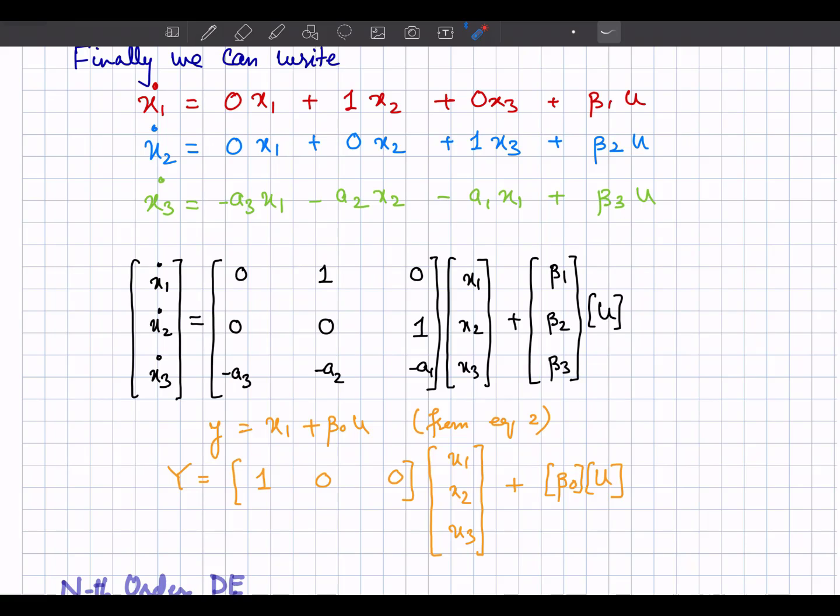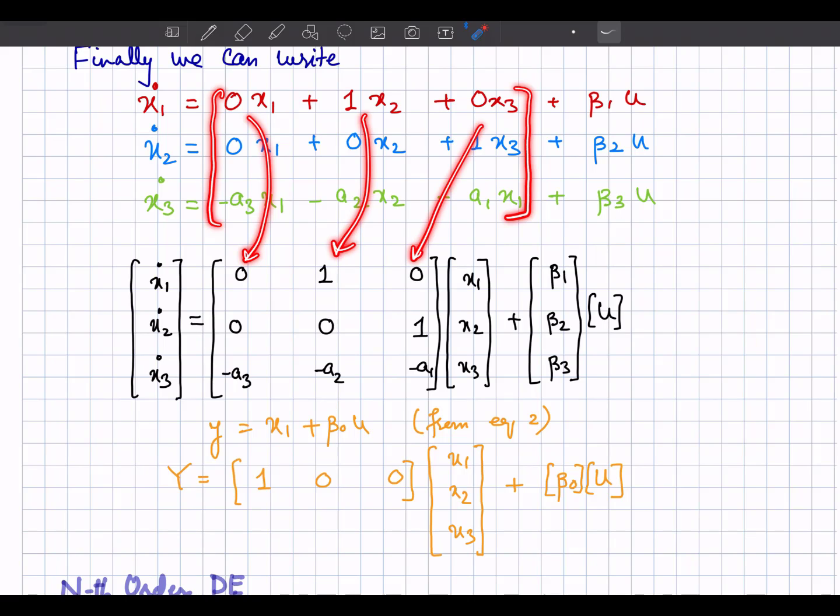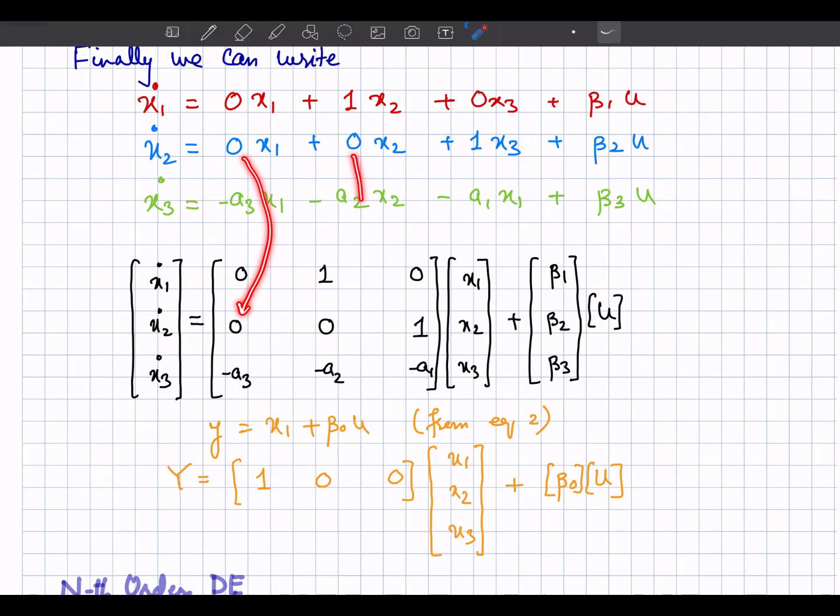Then defining a matrix from this set, you can see 0 1 0, then 0 0 1, and from this part minus a3, minus a2 and minus a1, multiplying again the vector of the state variables. And then from these three terms, beta 1, beta 2, beta 3 into the input u.